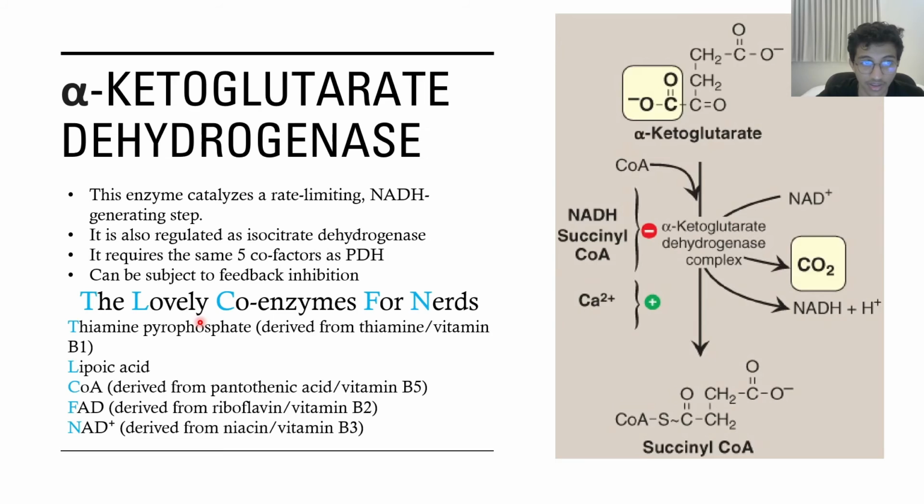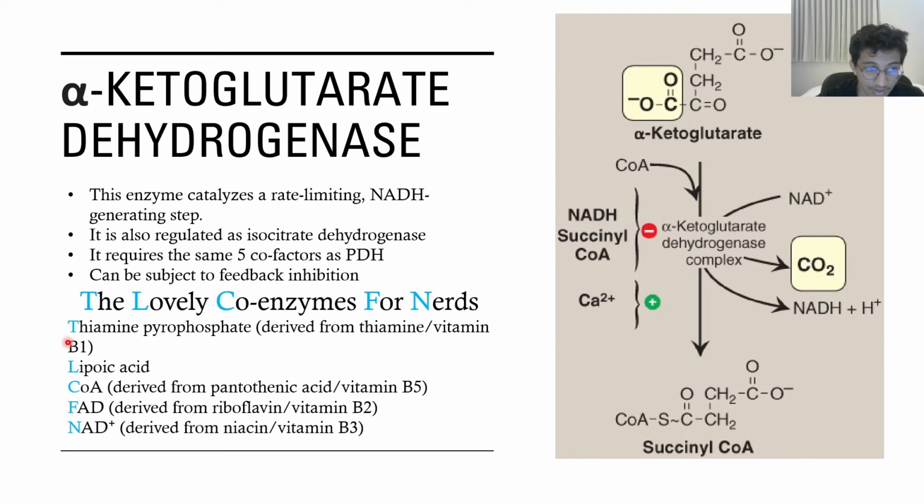Now let's talk about alpha ketoglutarate dehydrogenase. This is also a rate limiting step, and it's an NADH generating step. As you can see here, it generates NADH. It's regulated the same way isocitrate dehydrogenase is regulated, since it's also a rate limiting step. It requires the same cofactors as PDH.